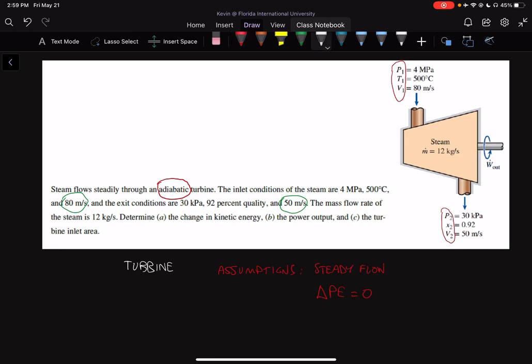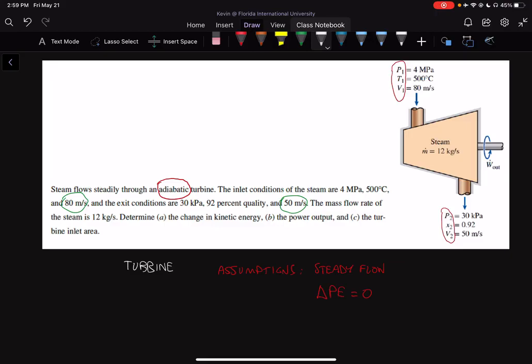I like to always keep it as I and E. There's a specific reason why I like to keep it as inlet and exit, and we'll talk about that reason a little bit later when we look at transient systems. But essentially, whatever you prefer using is fine as a denomination.